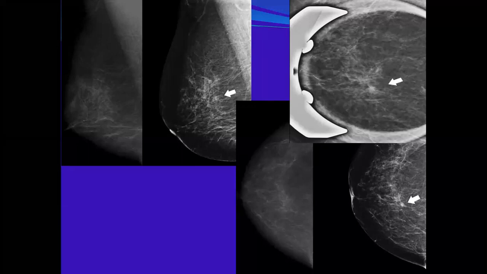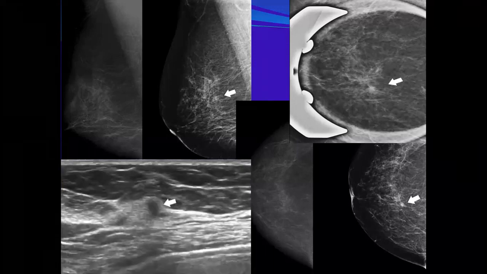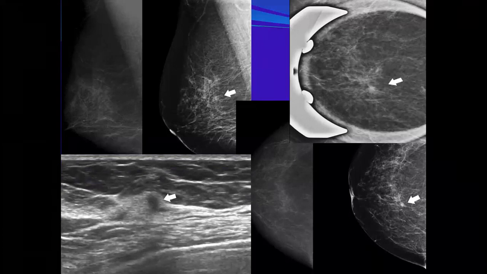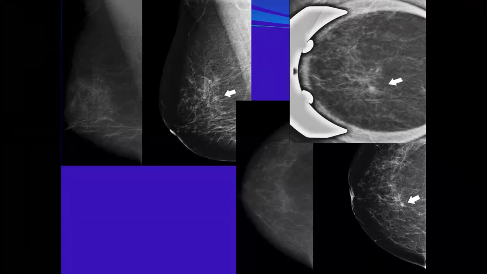It is real. I cannot say mass, still it is an asymmetry, but it is a real abnormality. It is not superimposition of fibroglandular parenchyma. It's real. Okay. So next.